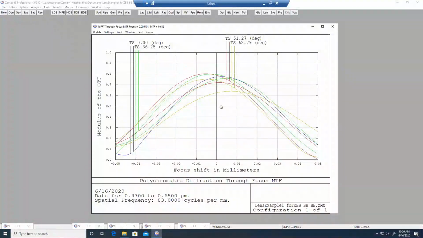Right. So the depth of focus here, maybe just to preface it, and as we've touched on already, the main things that we're looking for here are that the peaks are high and that they're overlapped. And what we mean by depth of focus is that if the peaks are aligned, this is essentially the focal position of that field point.